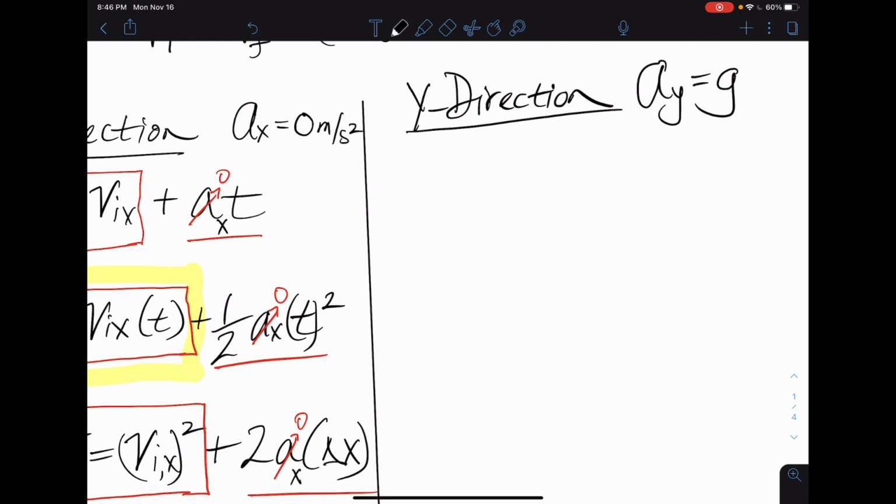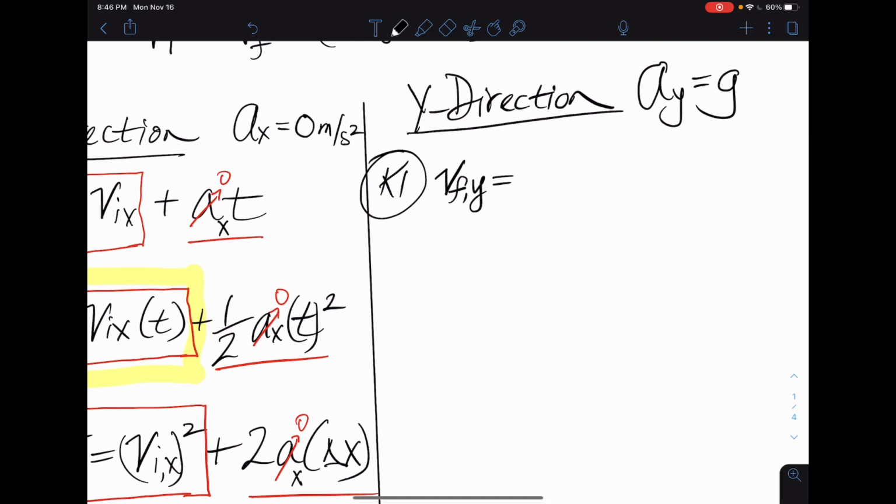But most times, I think you probably are going to make that decision. The first formula, K1, we can say VFY, once again, you can put the comma there if you like. If you don't want to, that's fine. I kind of go back and forth on it. Is equal to VIY plus AY times T. Notice that when we write these K formulas, we don't mix the directions, right? To go between the directions, we use time, but we don't mix our X and Y variables.